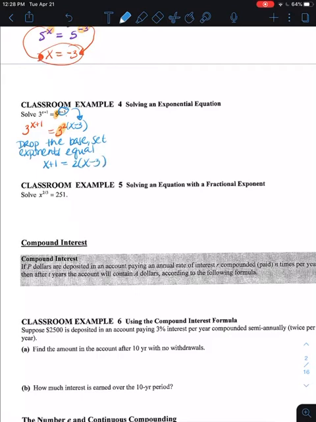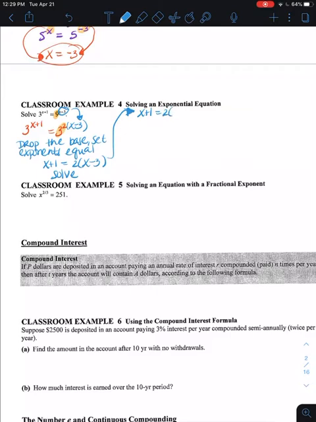And this is the equation that you're actually going to solve. So drop the base, set exponents equal, and then solve. That's going to give me my final answer. I'm just going to rewrite it over here for more space.